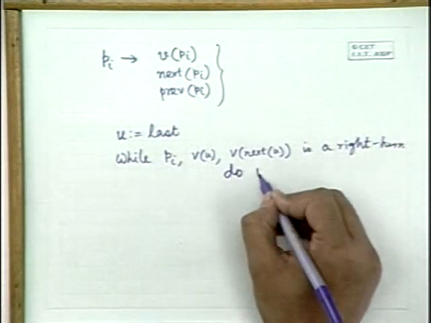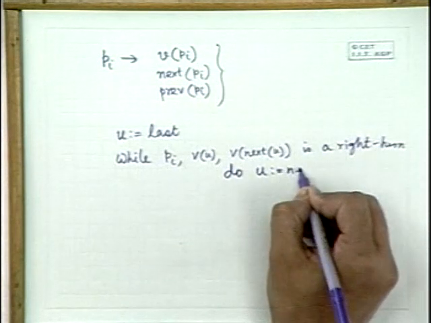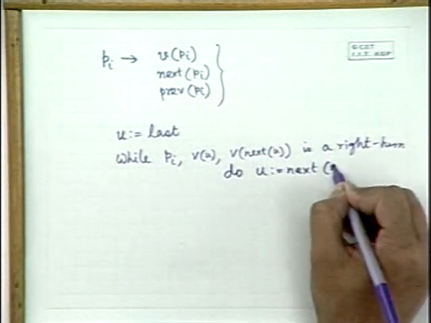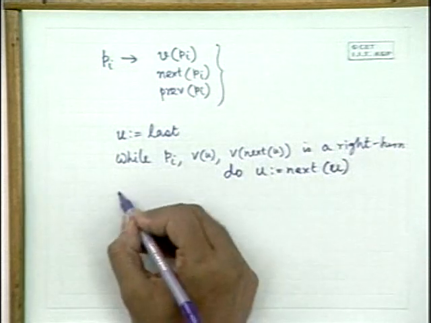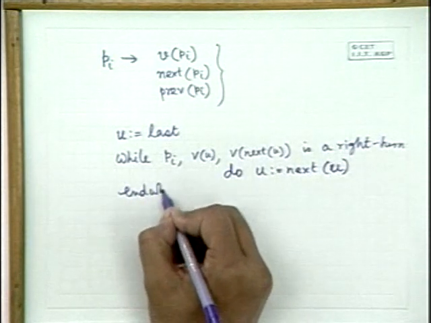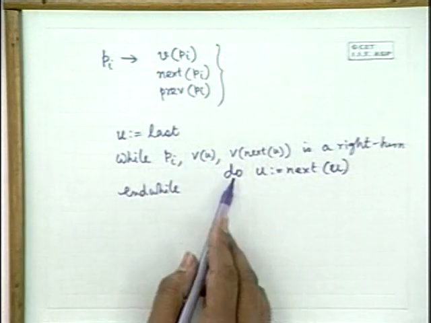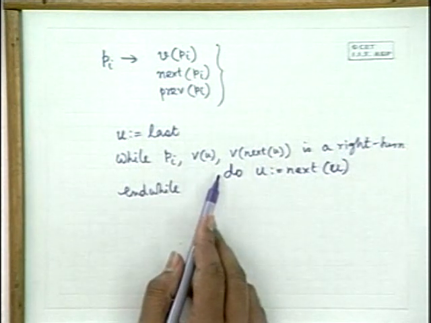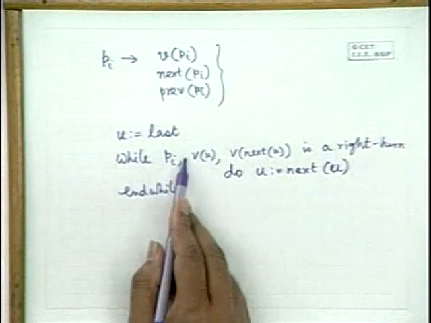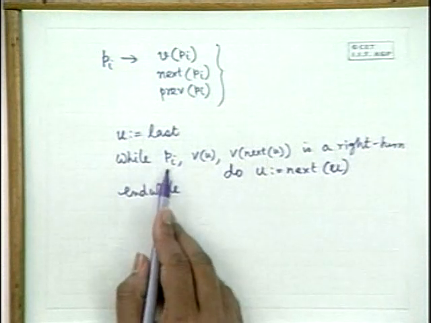Do u is equal to next u, and while. When this while loop terminates, the value of u will be nothing but the point where the tangent hits the convex hull. This is the walk upward.